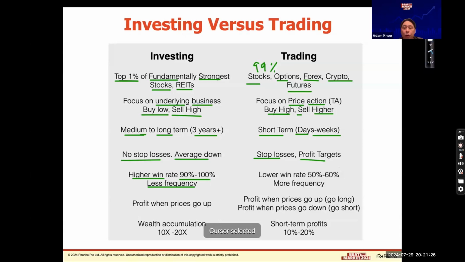No. At the very most, if you get the technicals right, the probabilities right, your win rate is about 50 to 60%. Okay? I can tell you that the best traders in the world, their win rates are 50 to 60%. I know many professional traders who would sell their grandmother for a 60% win rate. So in trading, your win rates are a lot lower, but there's more frequency. You get in, you get out, you get in, you churn a lot faster.